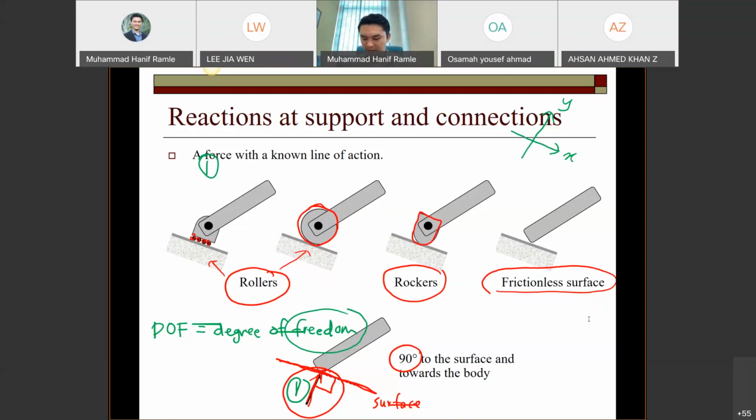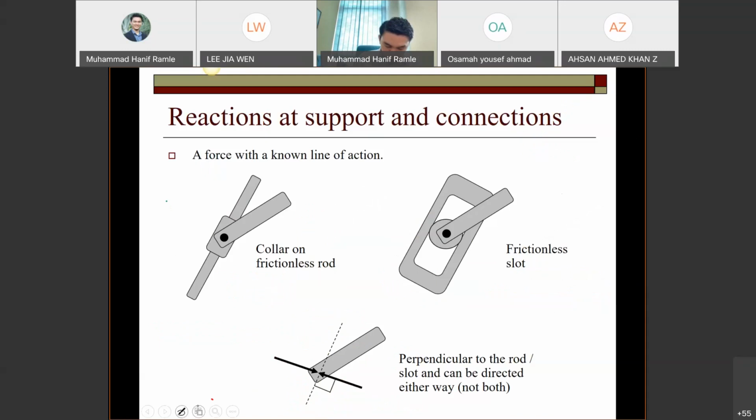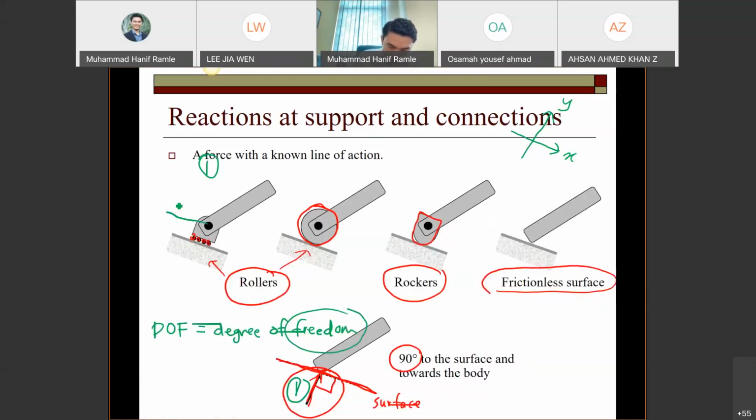Left and right? Yes, left and right. Like this only. Like this. Is this what you mean?